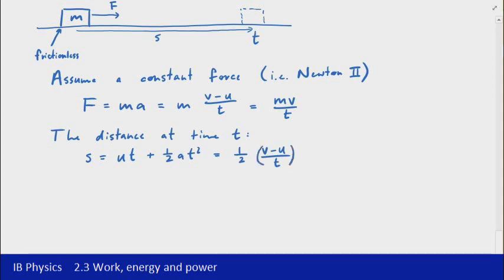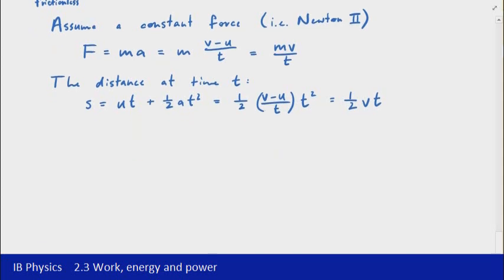So there's our acceleration multiplied by t squared. Again, the initial velocity is 0, so that term will disappear, and we've now got t squared divided by t, so this expression simplifies to become half vt.